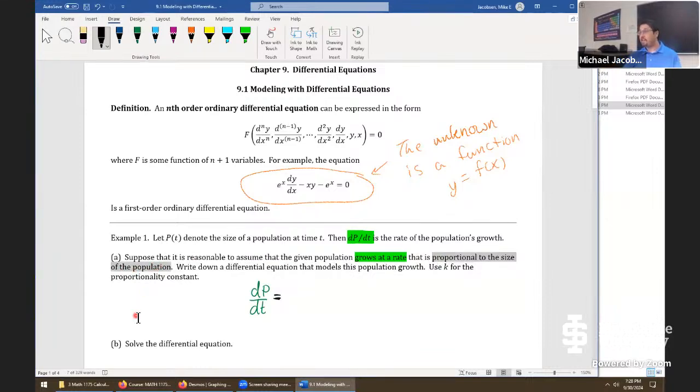That means the right-hand side is just going to be some constant. We'll use k for the proportionality constant, multiplying this part, the size of the population. That's P of t from right here. And so that's the differential equation that results from this information.